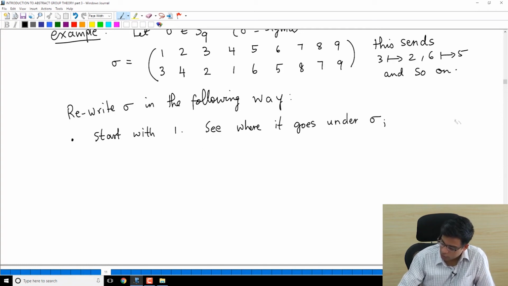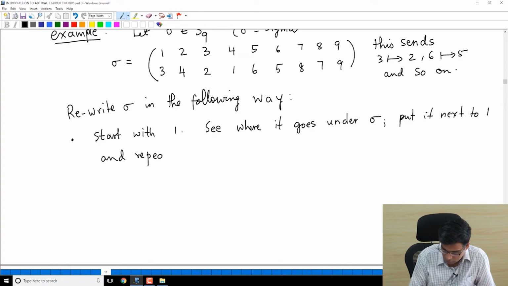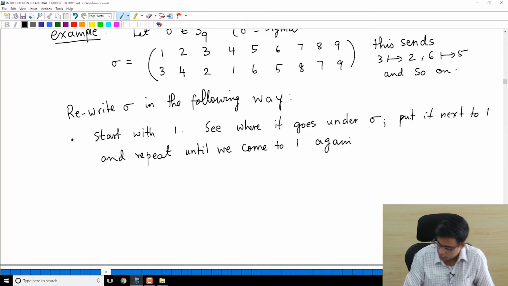So see where it goes under sigma, put it next to it, and repeat until we come to 1 again. Okay, so that's what we do.